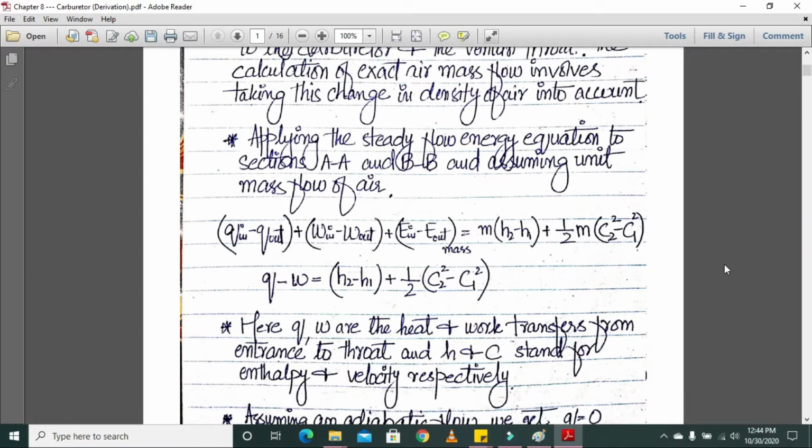Similarly, there is no work done by the system or on the system, and there is no energy transfer with the flow of the air as well.